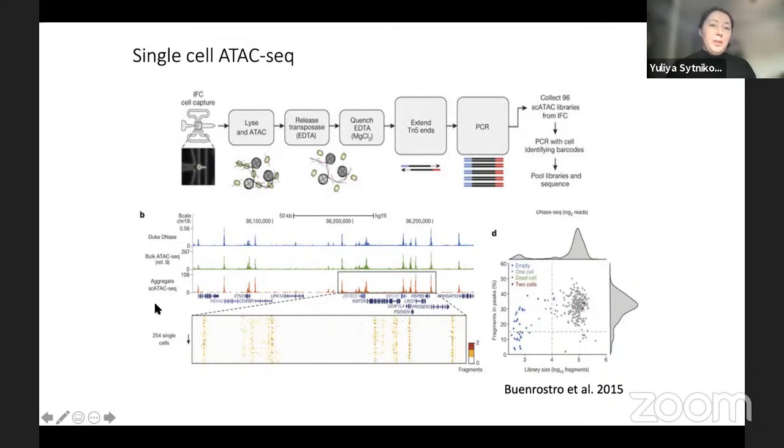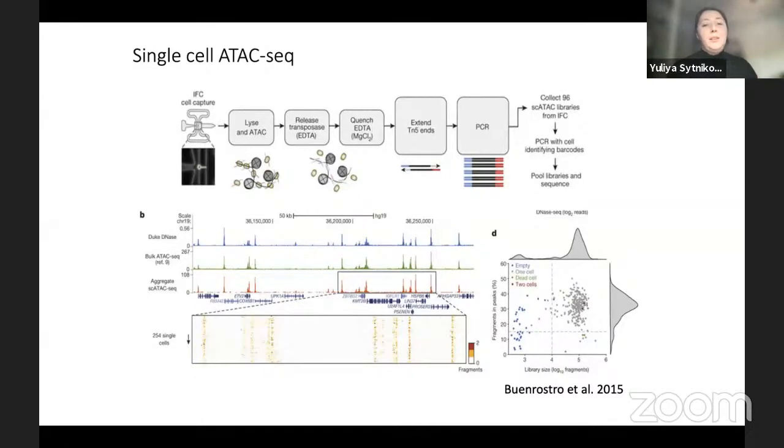So because, unlike RNA, DNA is present in cells usually in 2 copies with some exceptions, basically what you get from each single cell is 2 copies of different fragments. It's not like you have an entire population of RNAs coming from the particular genes.